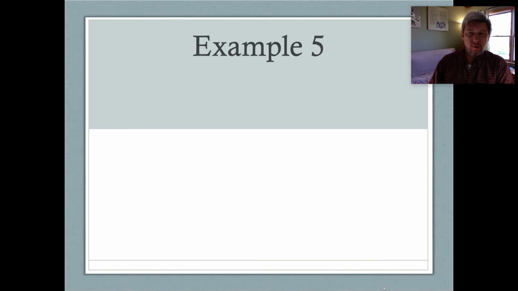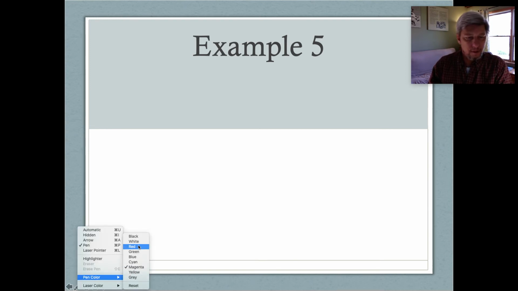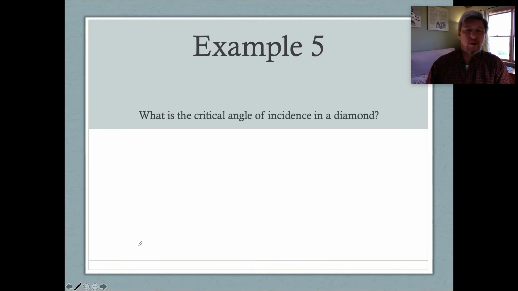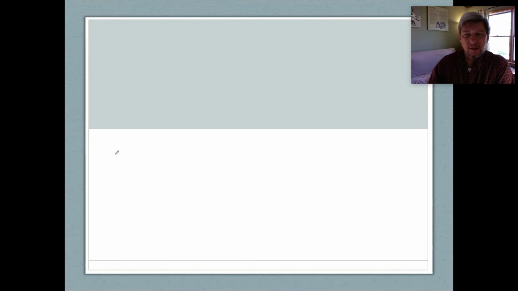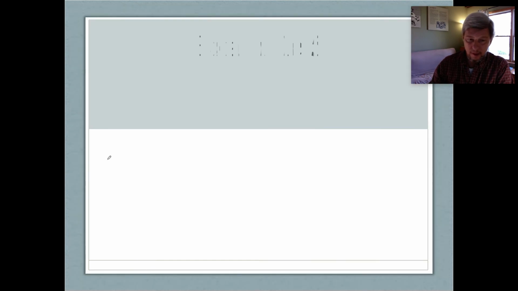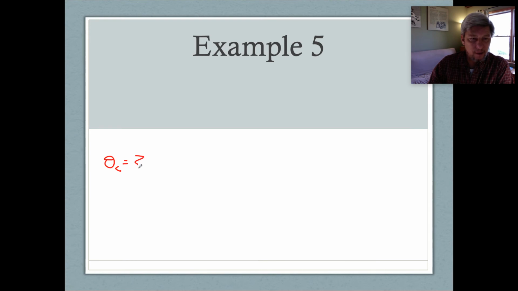That brings us to example number 5. All right, let's change our pen color back to our good old red here. And so what is the critical angle of incidence in a diamond? All right, so the critical angle is our big fat question mark here.